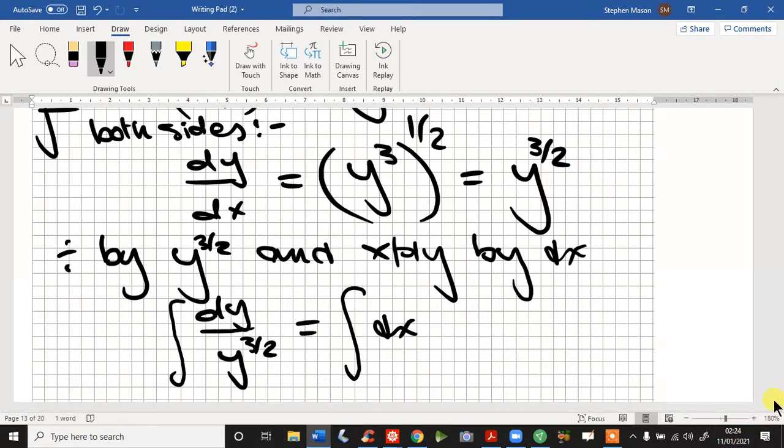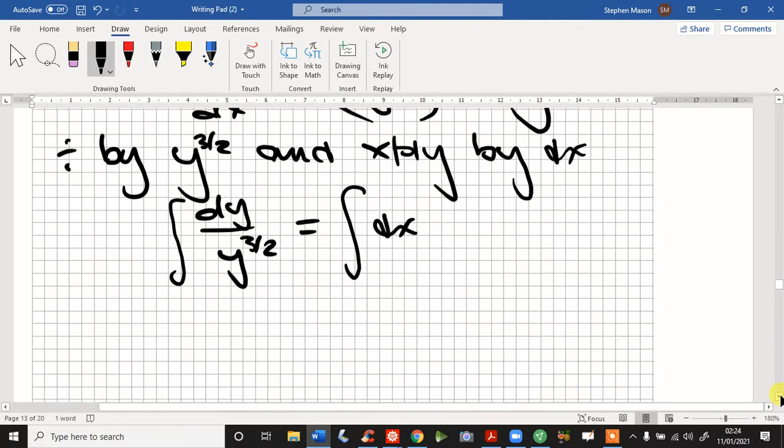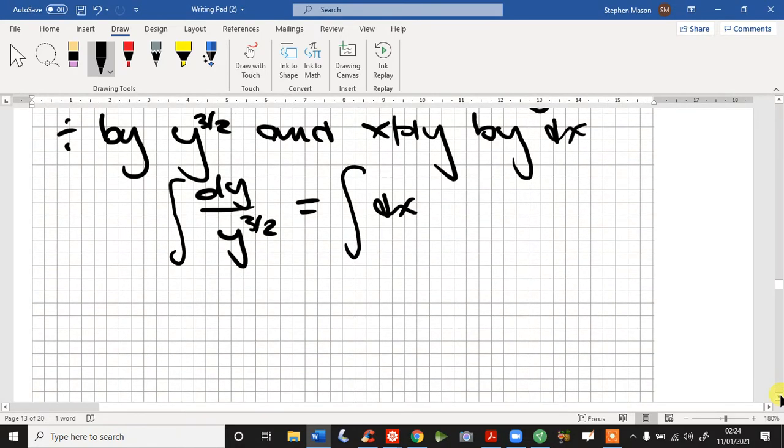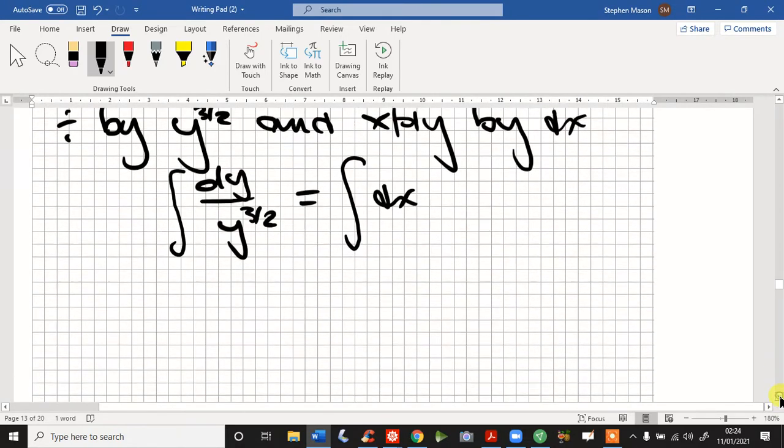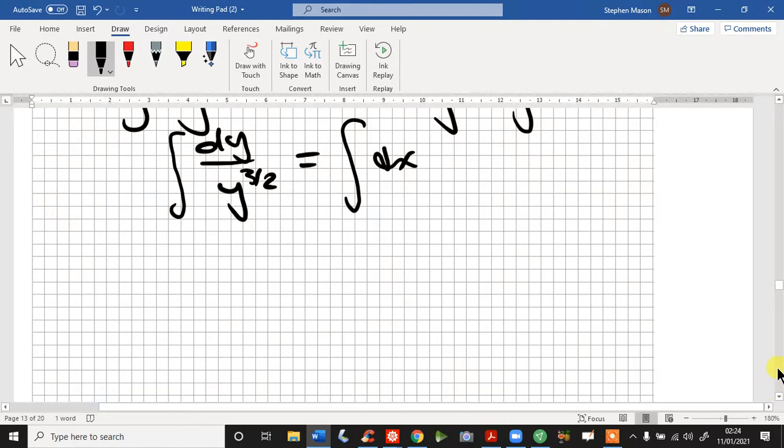Now, I'm sure if you're doing this level of mathematics, solving nonlinear differential equations, you know that to integrate the left-hand side, you simply bring this y to the power 3 over 2 to the top into the numerator.